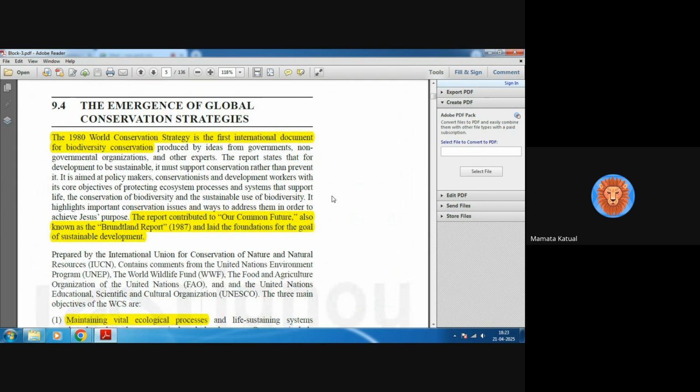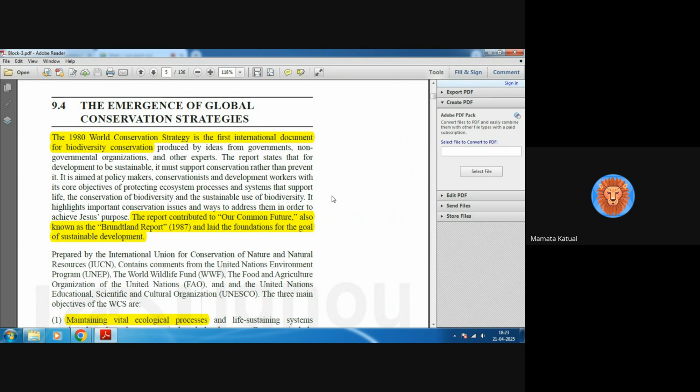So in 1980, the World Conservation Strategy was the first international document for biodiversity conservation. It was prepared internationally on how biodiversity will be conserved.